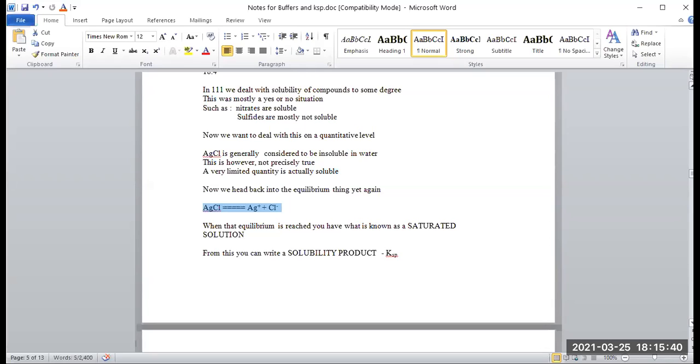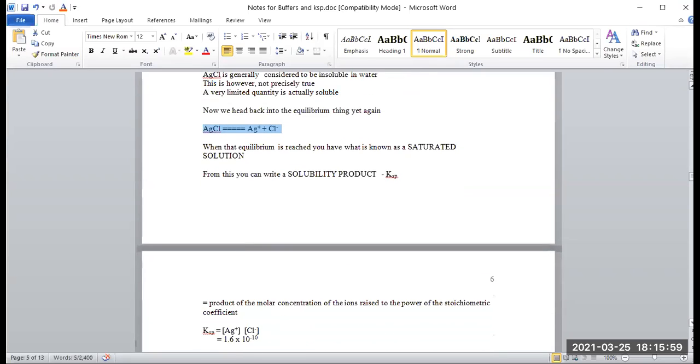Well, that's a saturated solution. Unless you change the temperature, you're not going to get any more of your substance, in that case, the sugar, to dissolve.